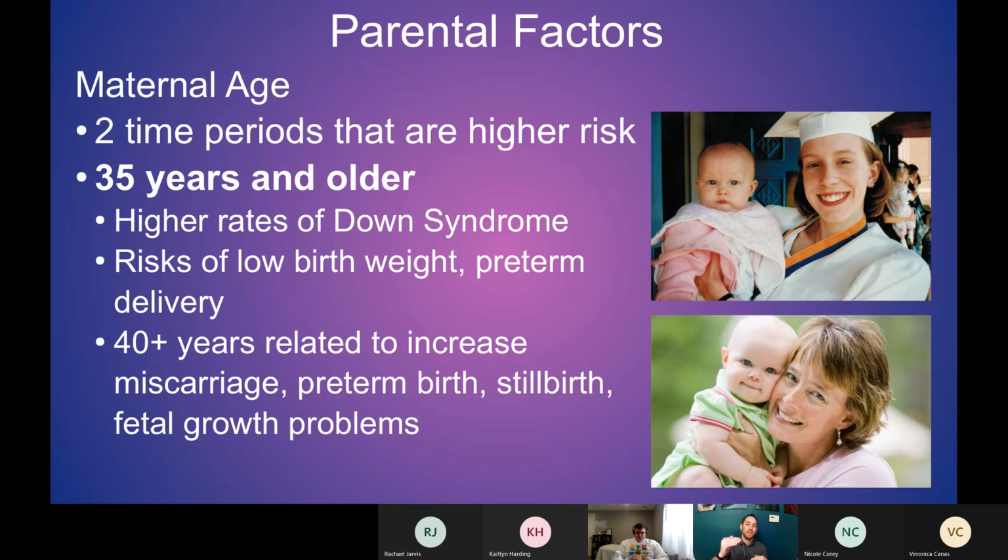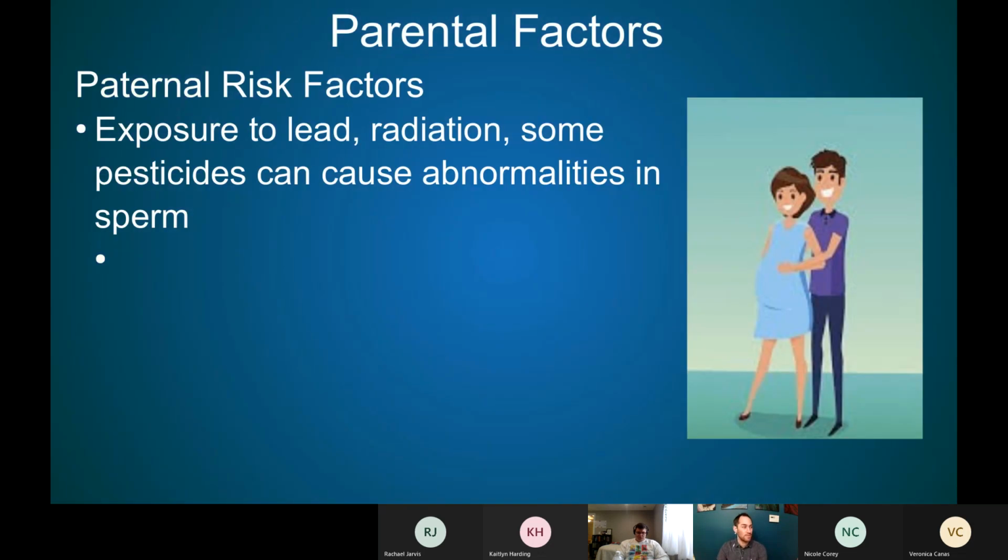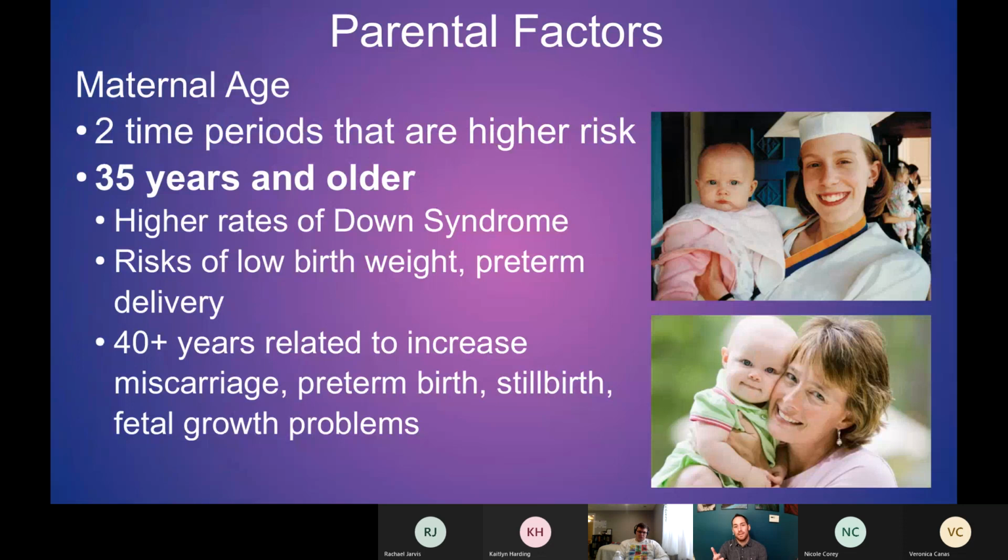So increased miscarriage, increased preterm birth, stillbirth, and fetal growth problems. With that being said, that should maybe suggest times to be trying to have children. And also, especially if an adolescent is pregnant, encouraging them and supporting them in getting the prenatal care that they need.